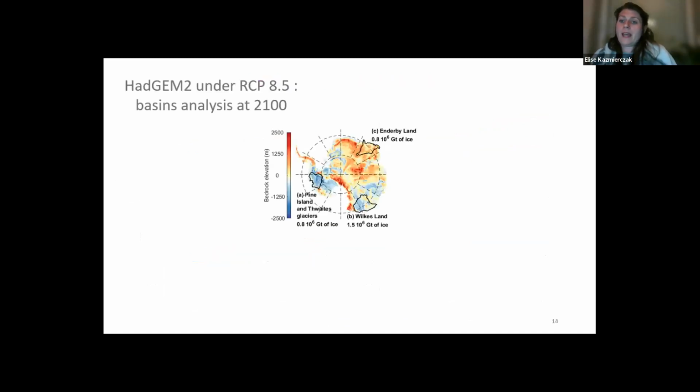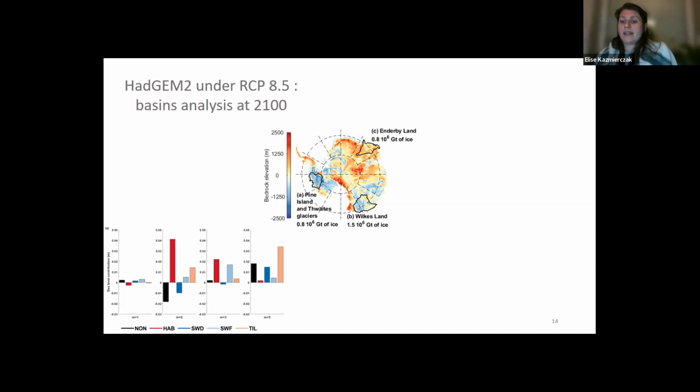A more in-depth analysis of the realistic scenario results is made for selected drainage basins with more or less comparable ice volume, but each with particular subglacial characteristics. Pine Island and Thwaites glaciers are typical marine basins of the West Antarctic ice sheet, where most of the current ice mass loss is situated.